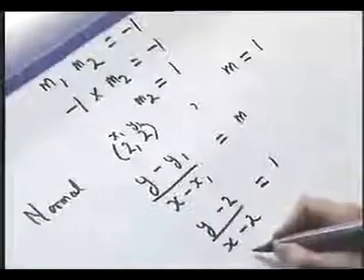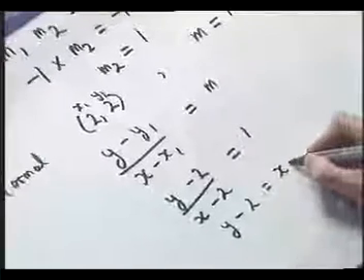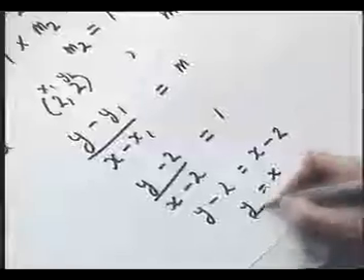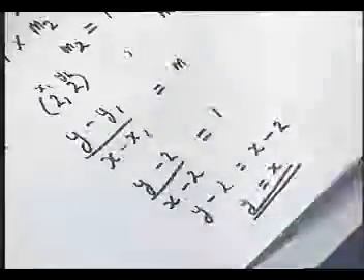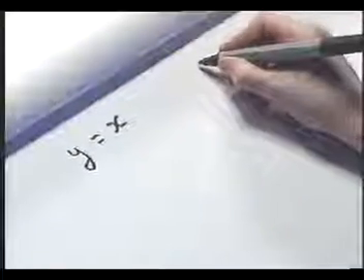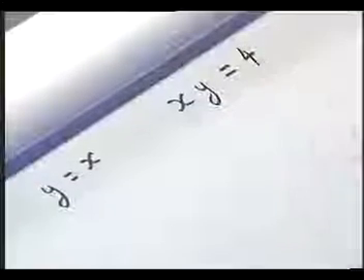Multiply up by x minus 2, so we have y minus 2 is equal to x minus 2, and so y is equal to x. And so now we have the equation of the normal, y equals x, and we have the equation of the curve, xy equals 4.